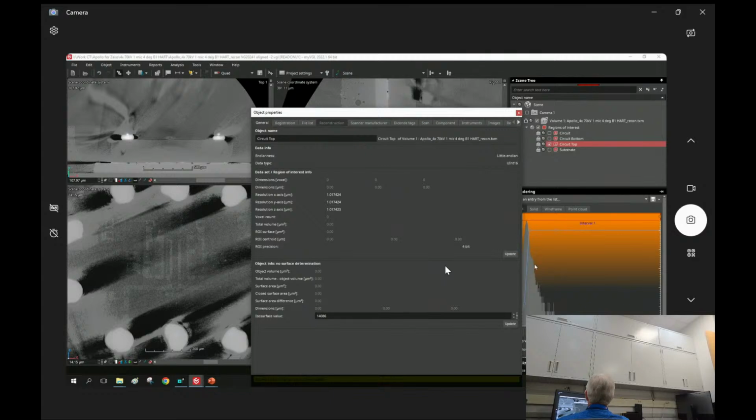It shows me initially what my resolution was. So this was at about 1 micron resolution, almost exactly. Then I can see how many voxels there were, what the centroid of the voxels is, the total volume, the surface area. I can get a closed surface area if I do another calculation.